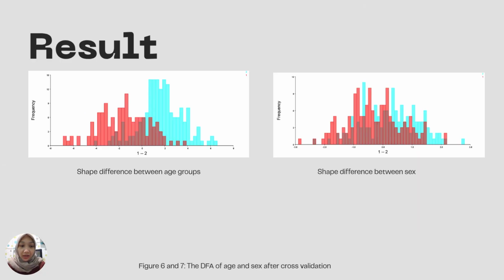For DFA, for age the discrimination function is 83% and cross-validation is 81%. For sex, the discrimination function is 68% and cross-validation is 62.5%.